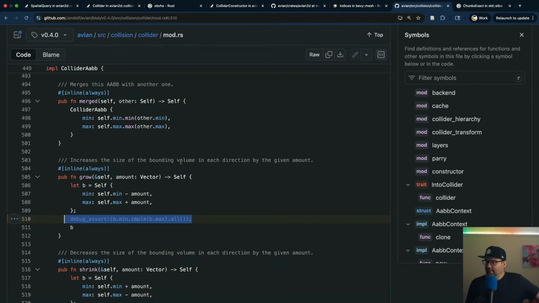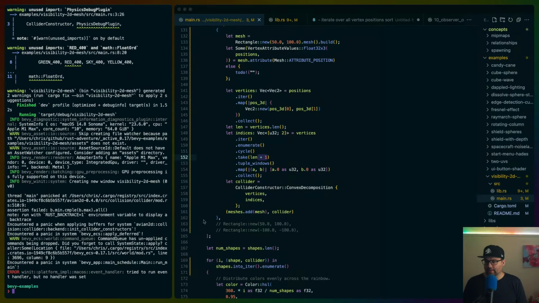Increases the size of the bounding volume in each direction by the given amount. So these must be equal there then, right? It would be nice if this debug assert actually outputted any information about the error that happened.